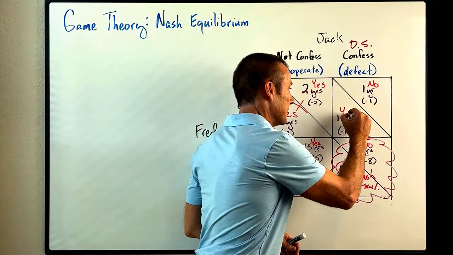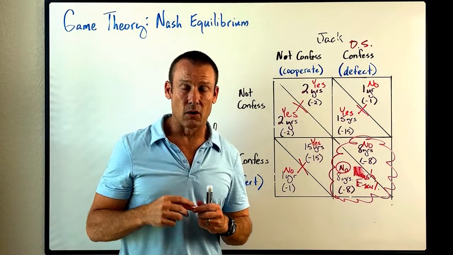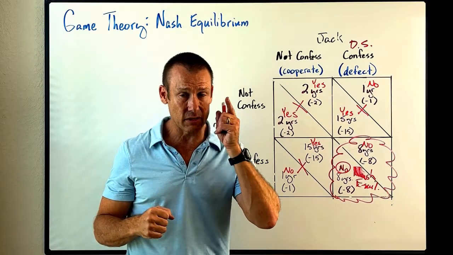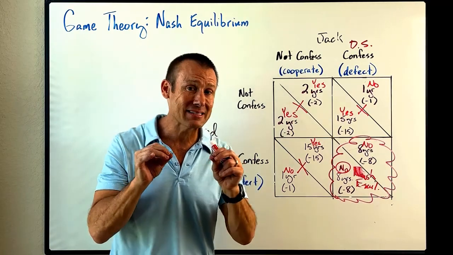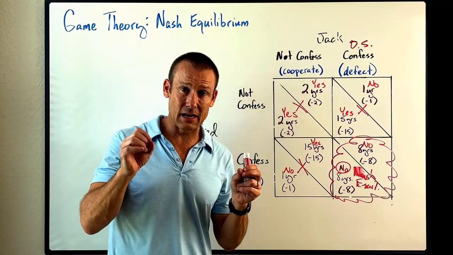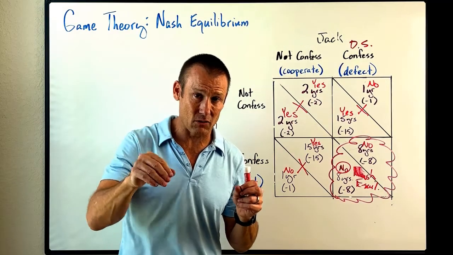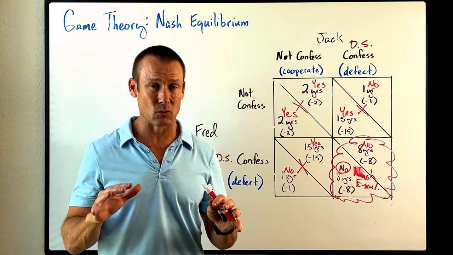Yes, he does. Not a Nash equilibrium. I know, a little bit confusing. You get 2 no's, that's a Nash equilibrium. That's a situation where neither player has an incentive to change their strategy based on the strategy the other player played to get to that outcome. You get 1 yes, it's not a Nash equilibrium.